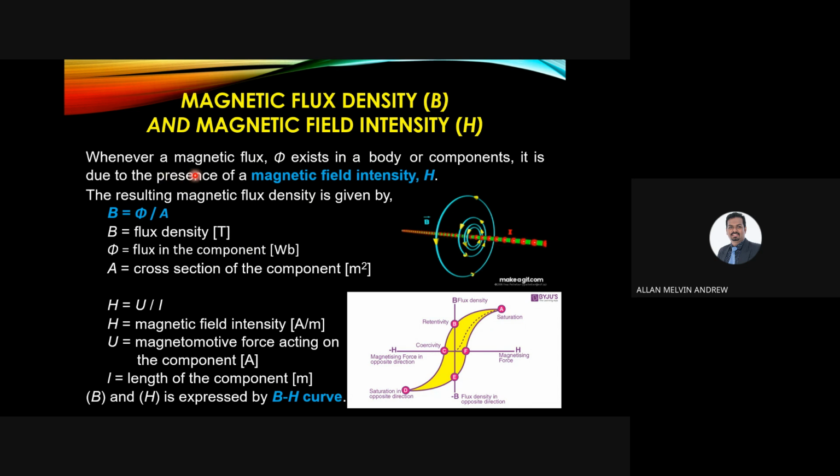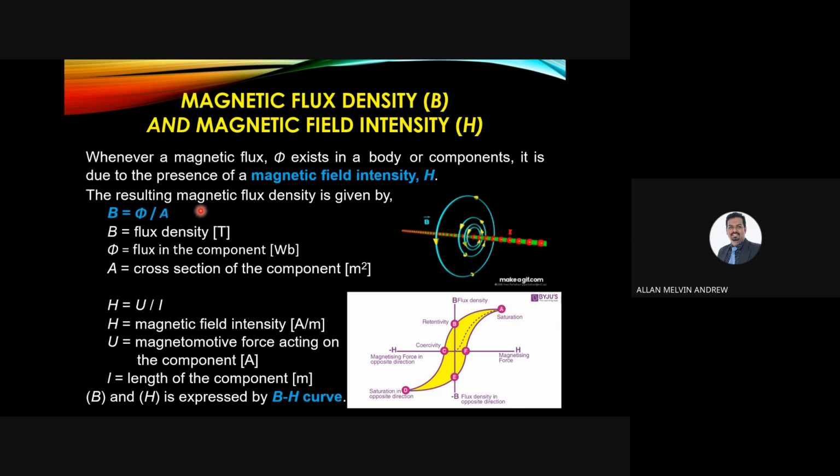Whenever a magnetic flux, this is the symbol for magnetic flux, exists in a body or component, it is due to the presence of the magnetic field intensity. So magnetic field intensity is how strong the magnetic field is in the particular body, which is acting on the particular body.